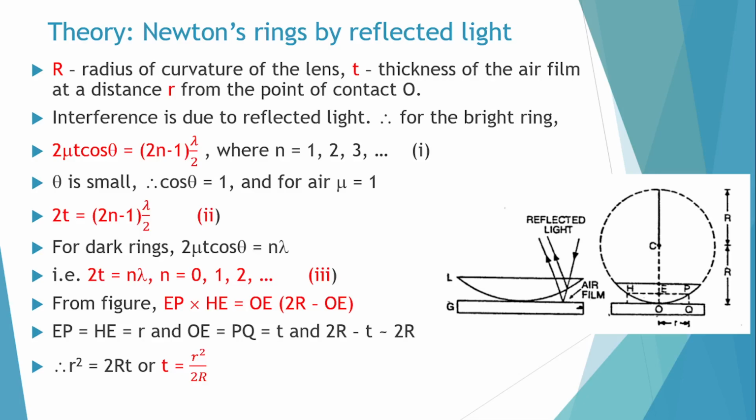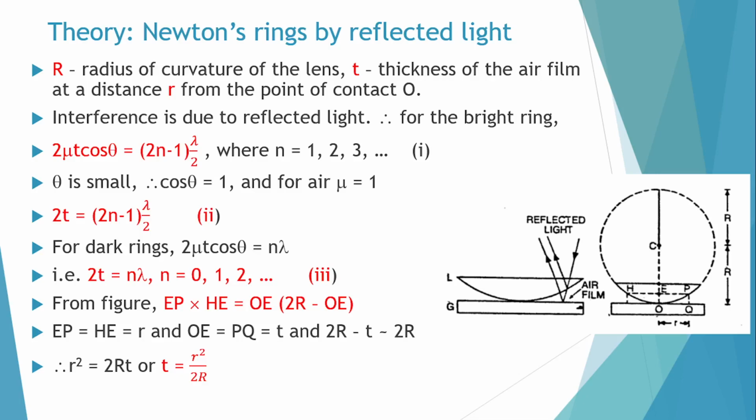Look at the second figure towards the right-hand side of this slide. t is the thickness of the air film at a distance r from the point of contact O, that means at point Q, so OQ is equal to r.